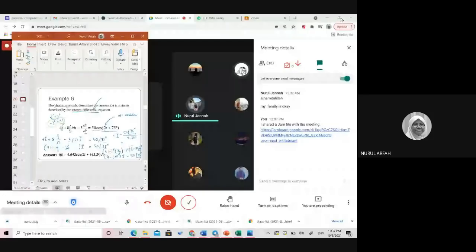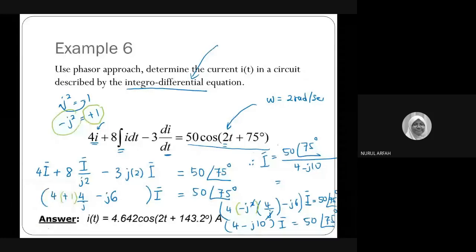So you guys try to digest, right? Okay, no problem. Now what is the answer for this? Let me write it in polar form. Do you get the same answer as me if you use your calculator? 4.642 at 143.2 degrees.